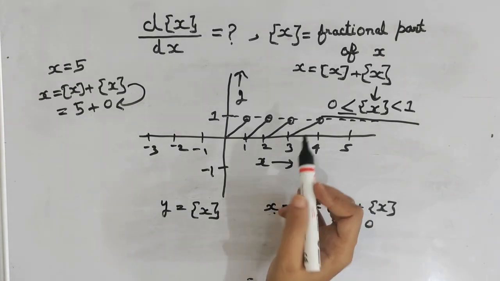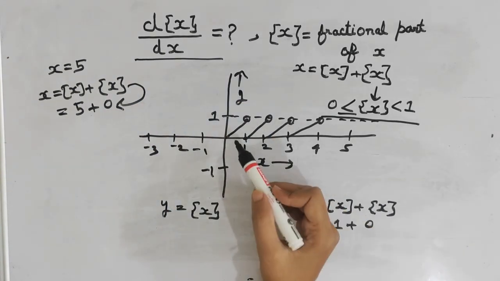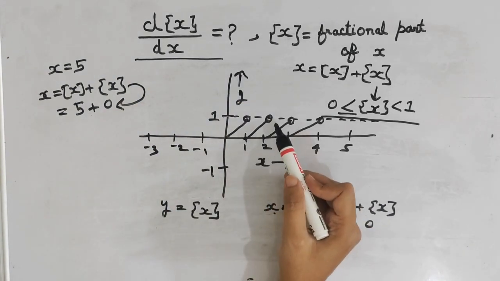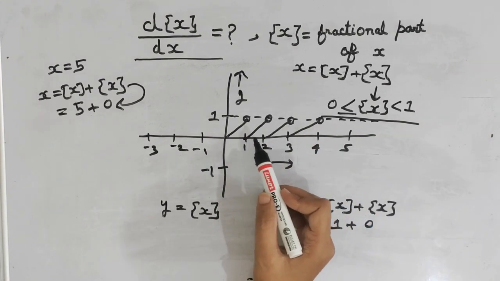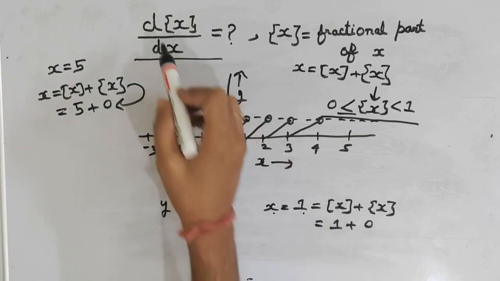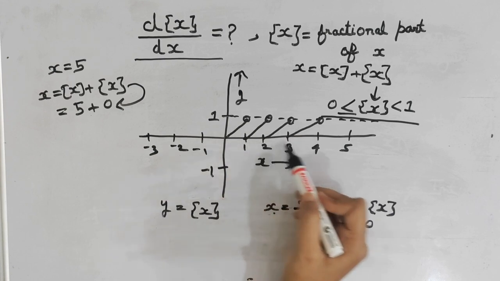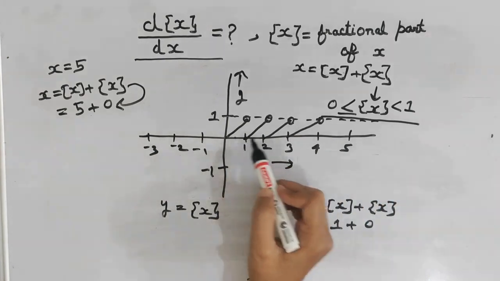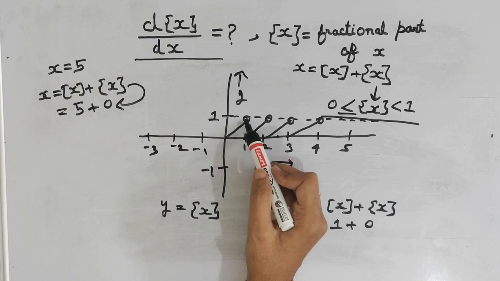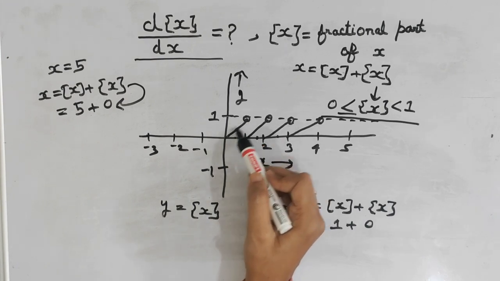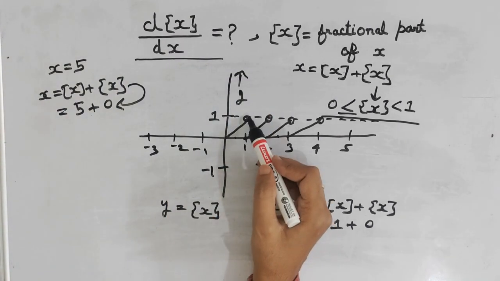Now I am just trying to find out the value of this derivative, right? If you see here, this is a function varying from 0 to 1. In my previous video, I already told you the value of the derivative is always the slope of the tangent at any point. So at any point here, what is the tangent on this line? It is itself a tangent, so the slope of this tangent would be the value of the derivative. What's the slope of this tangent?